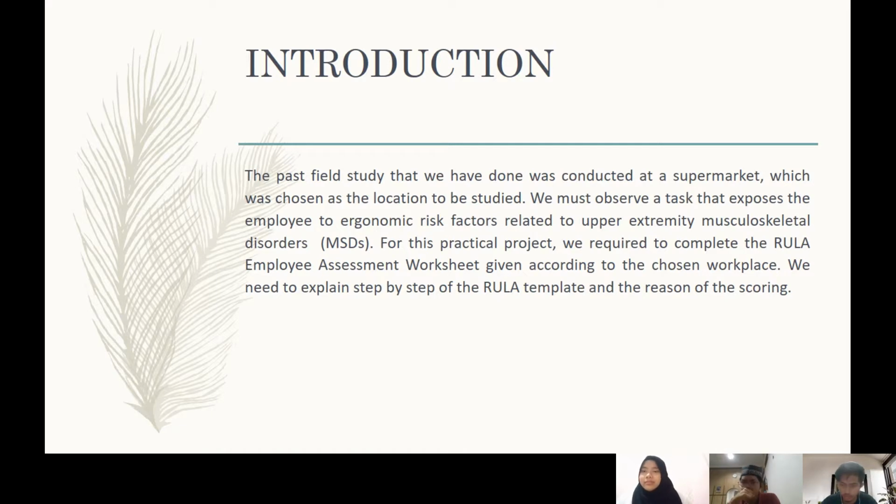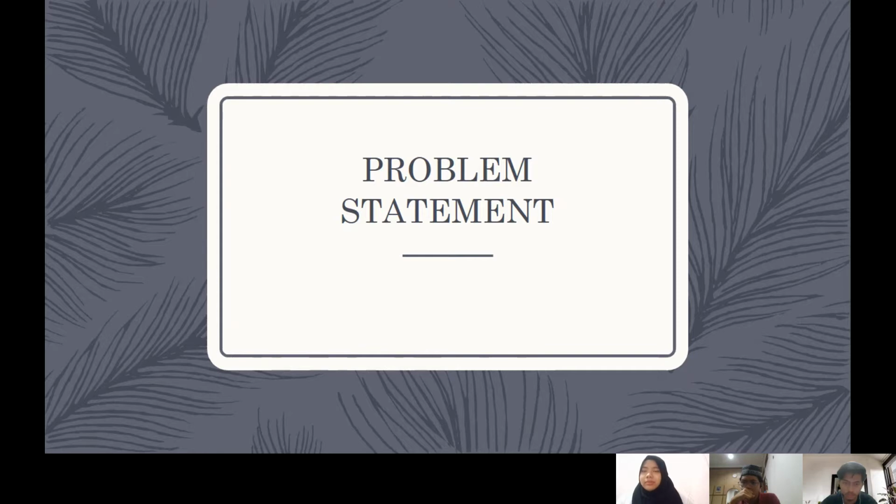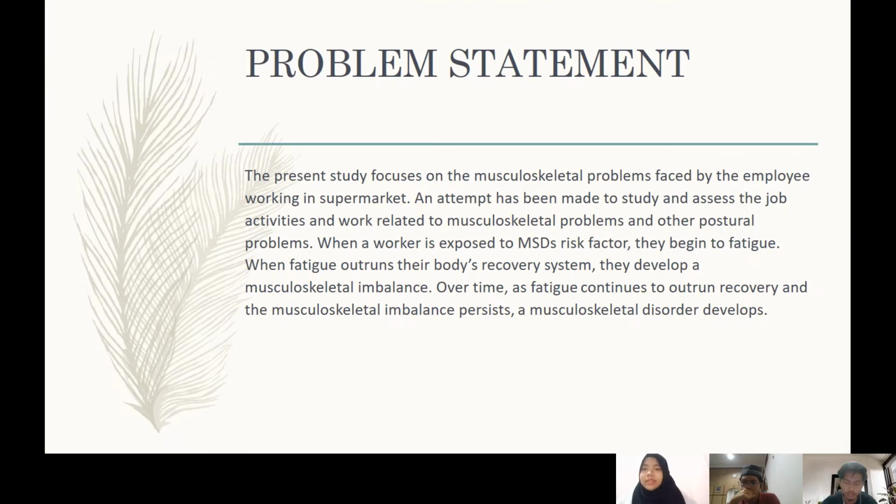Next, problem statement. The present study focused on the musculoskeletal problems faced by the employee working in a supermarket. An attempt has been made to study and assess the job activities and work related to musculoskeletal problems and other postural problems.